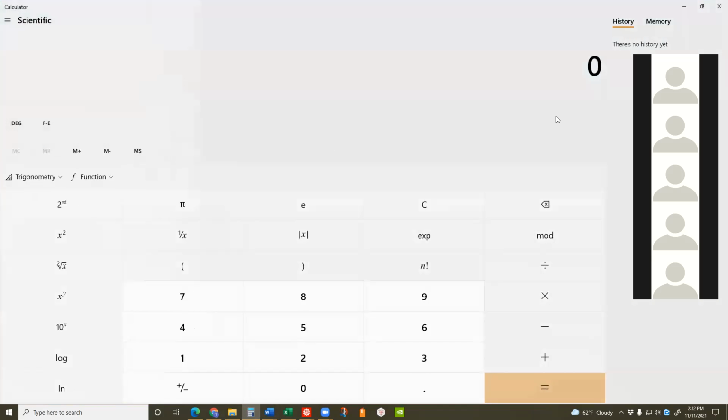Here's my log key, LOG, that's base 10, right? So in my calculator, I can type in 1000, hit that log key, and I should get the number 3, and I do. If you can do that on your personal calculator at your house, you're golden. That's all you need to be able to do for these math problems, okay?